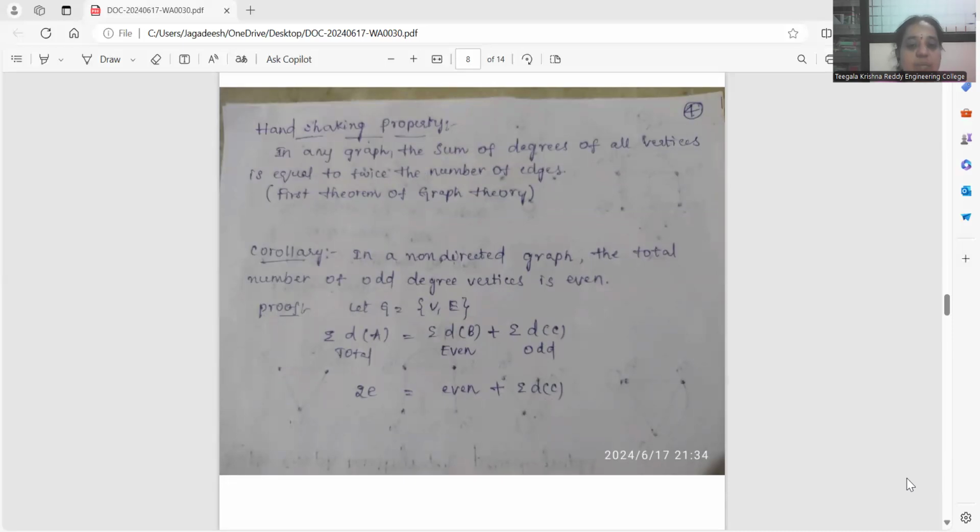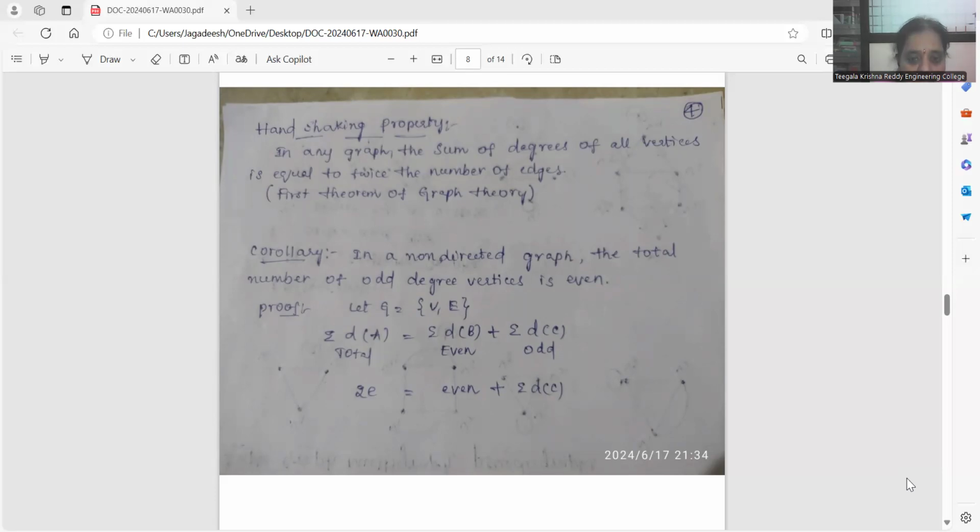So the very first theorem of graph theory is called the handshaking property. The theorem statement is: in any graph, the sum of degrees of all vertices is equal to twice the number of edges. This is called the very first theorem of graph theory, and we apply it in every graph.